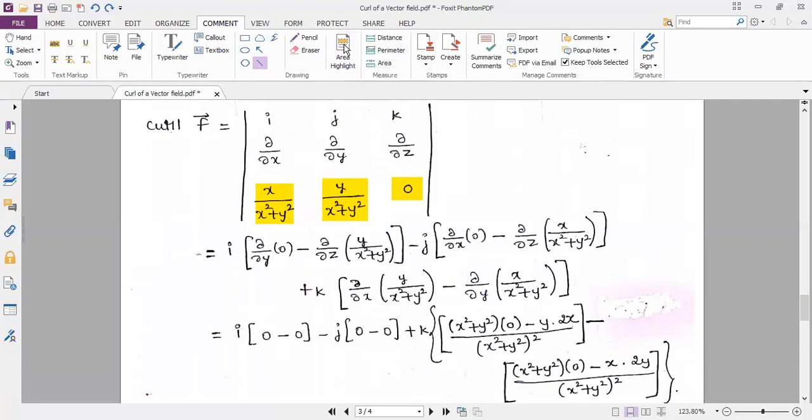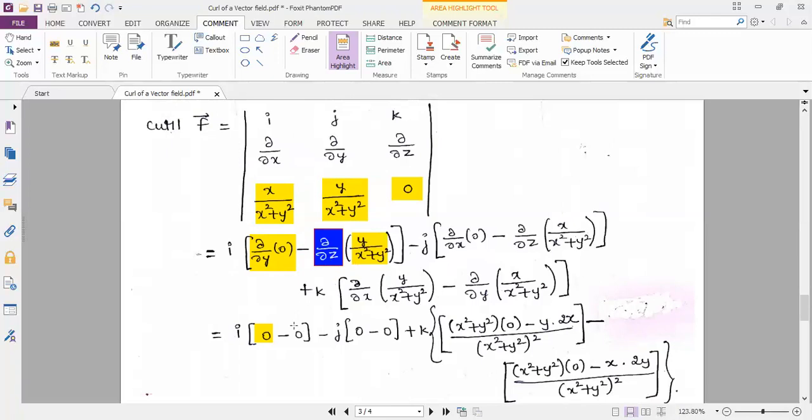Let us do the partial differentiation now. Firstly, dou by dou y of 0 is 0. Next, partial differentiation with respect to z for y divided by x square plus y square, which is entirely a constant with respect to z.